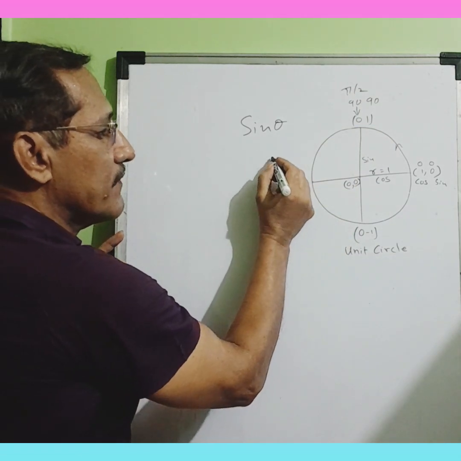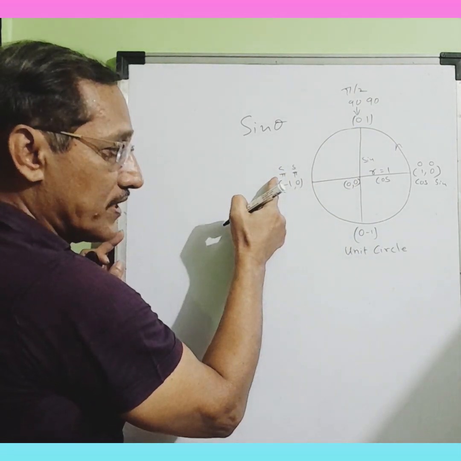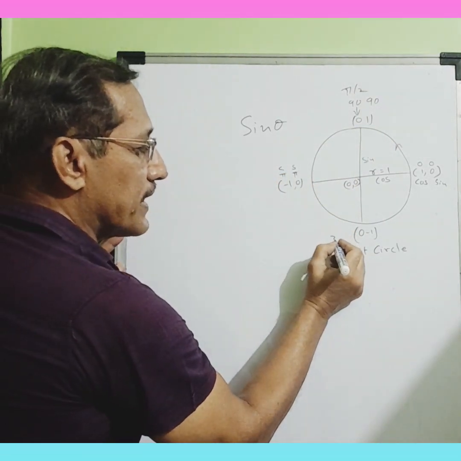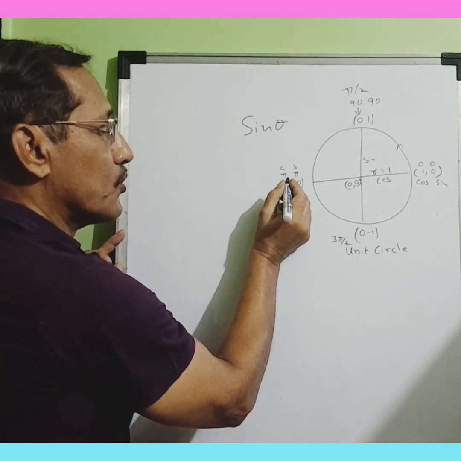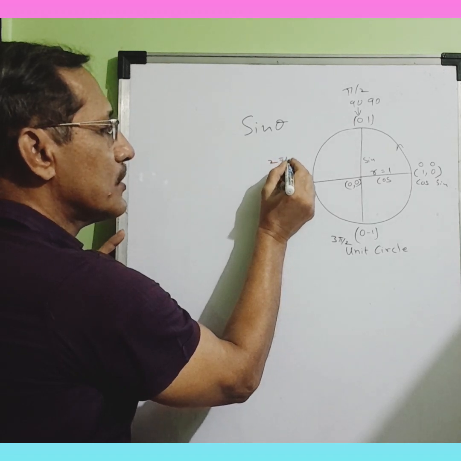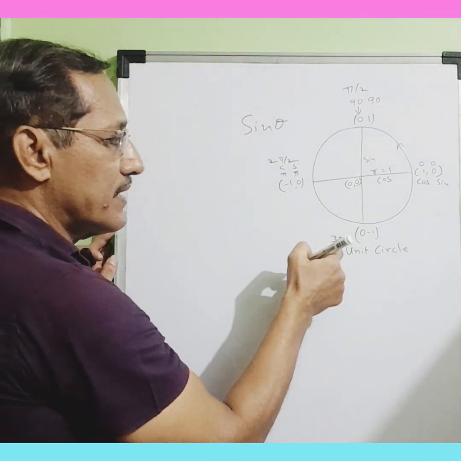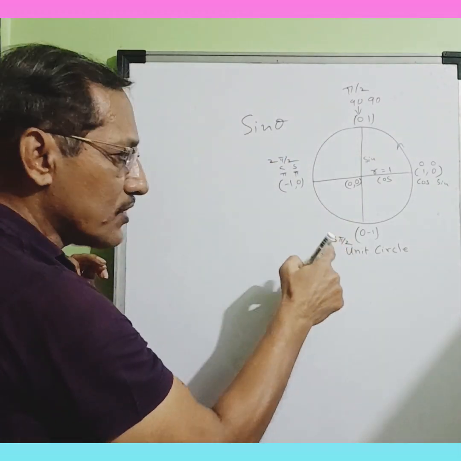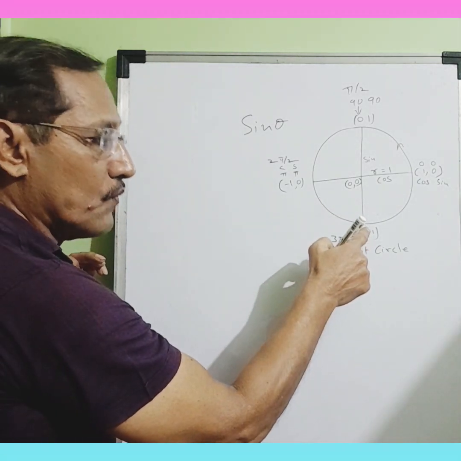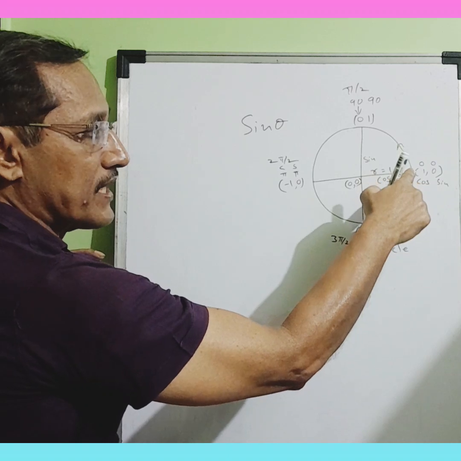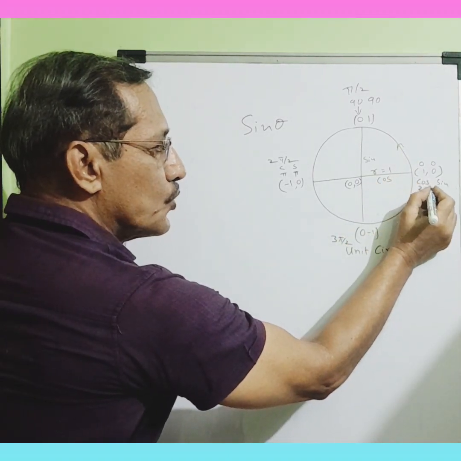When we come here, we call it pi, as I've already mentioned. When we come over here, we call it 3 pi by 2. But instead of pi, I would wish that you call it 2 pi by 2. Got it? So cos 3 pi by 2 would be 0 and sin 3 pi by 2 would be minus 1. Similarly, when we come over here, it would be 2 pi.